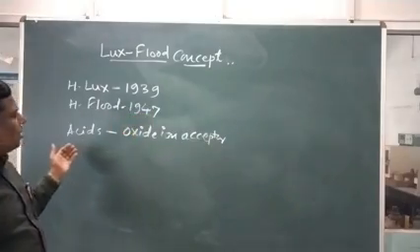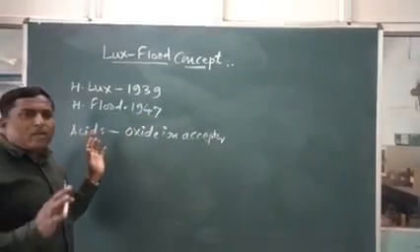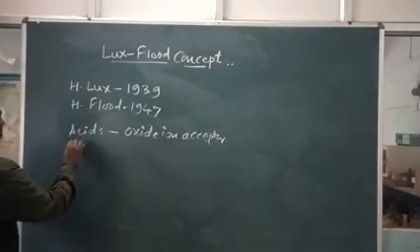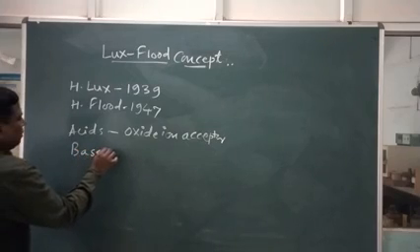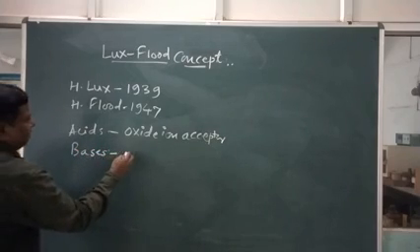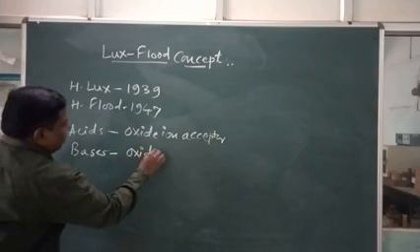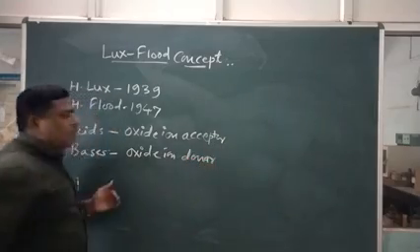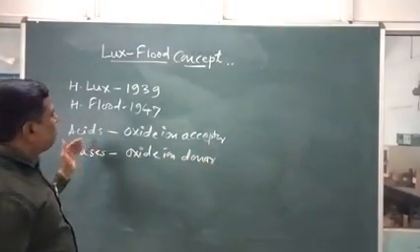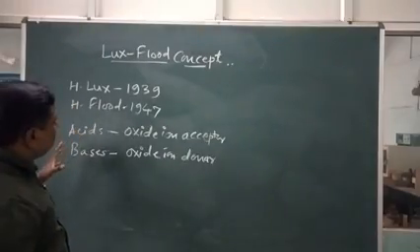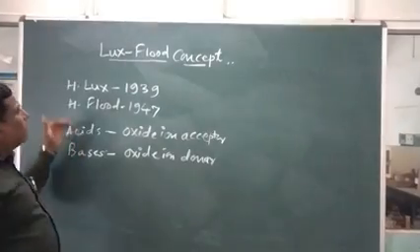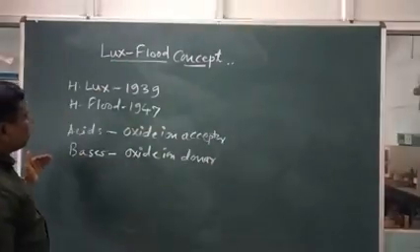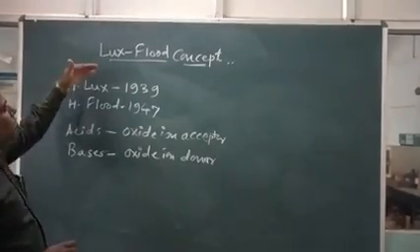The substance which can accept oxide ions is called an acid. Bases are oxide ion donors. Oxide ion donors are called bases. This definition was given by the scientists H. Lux and H. Flood, and hence it is called the Lux-Flood concept.